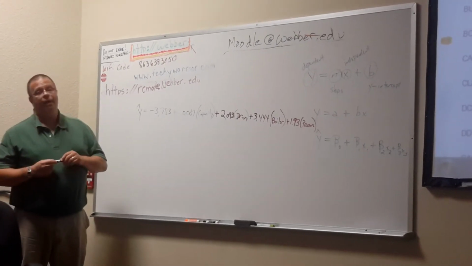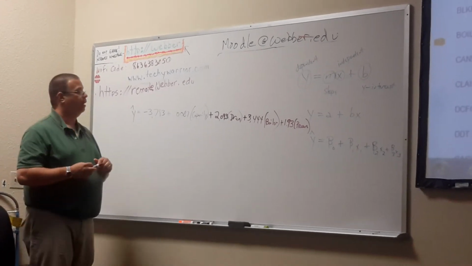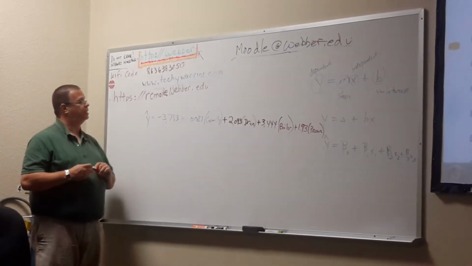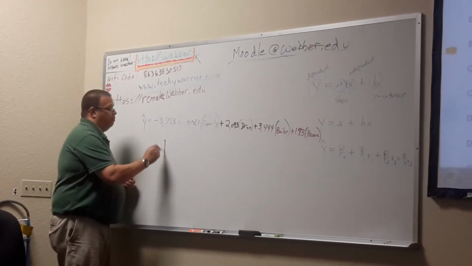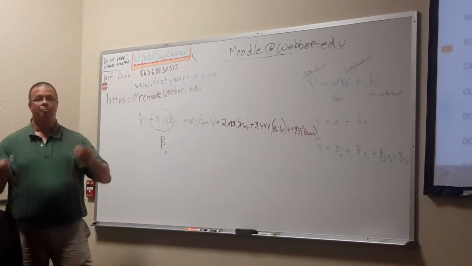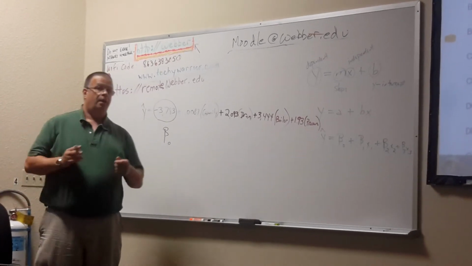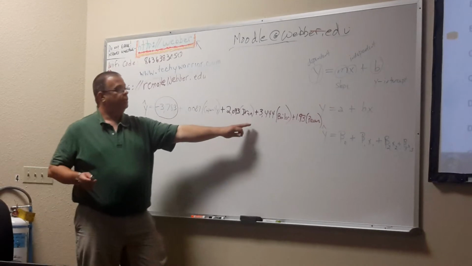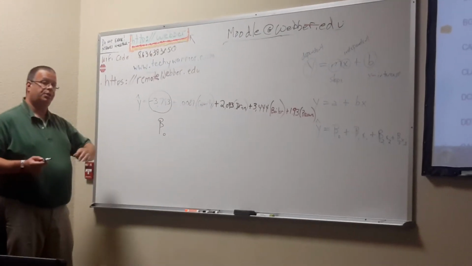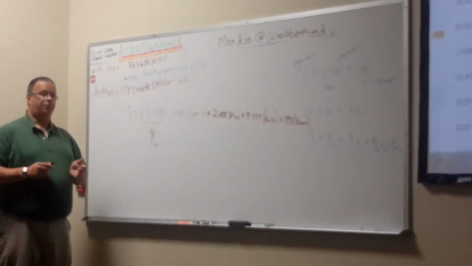And with our R² value, we could see that that's explaining 90% of the variability of man hours. One other point that I want to make right now, and then we'll look at one more example, is beta 0, our intercept value, by itself typically is worthless. It doesn't really mean anything. If all of these other things were zeros, then where this equation would intersect the y-axis would be at negative 3,783.